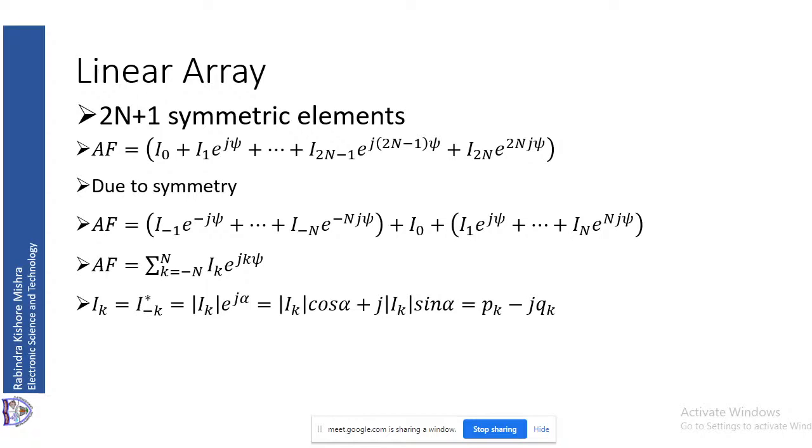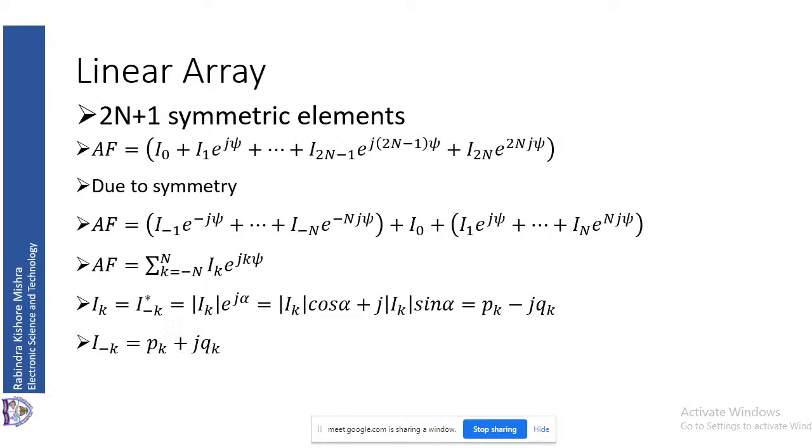Since Ik is a complex number, I take the real value or amplitude as Ik mod exponential j alpha. That you can write as amplitude of Ik cos alpha plus j amplitude of Ik sin alpha using Euler's formula, Euler's identity.